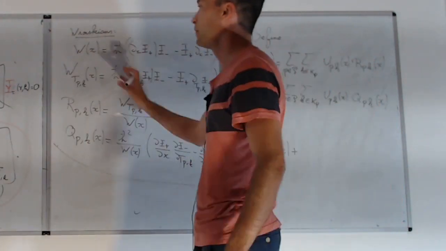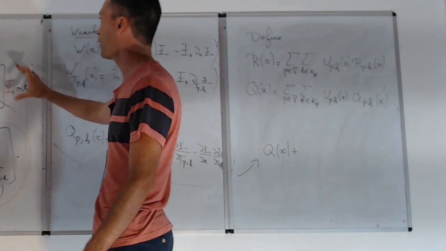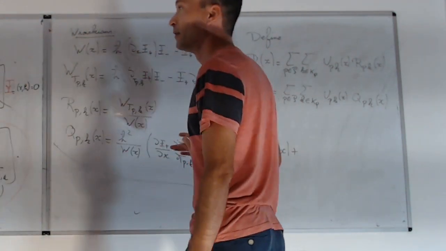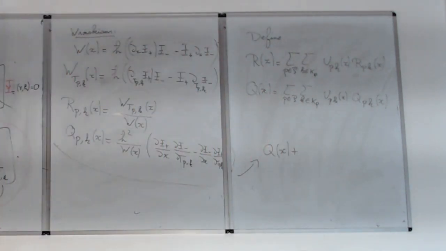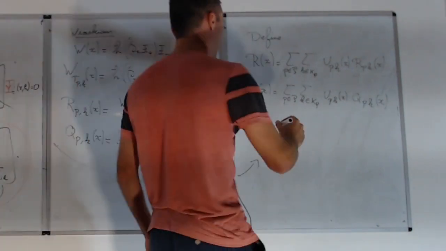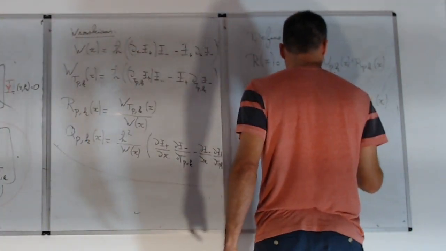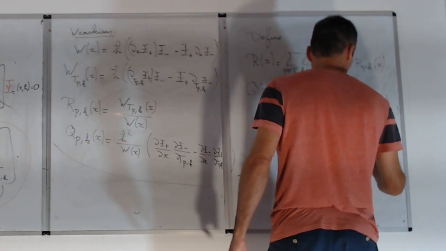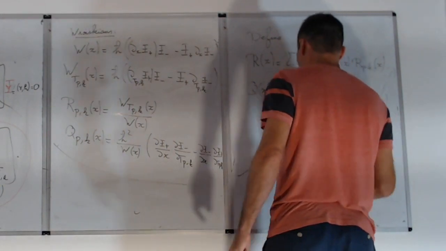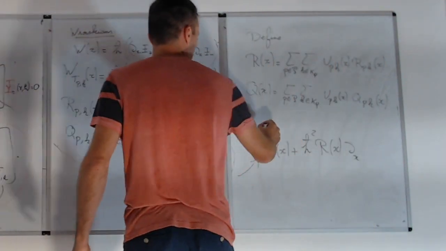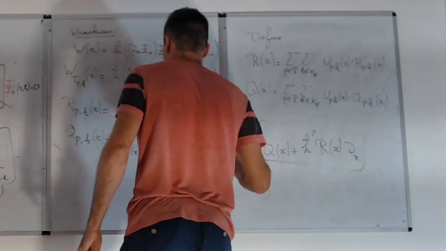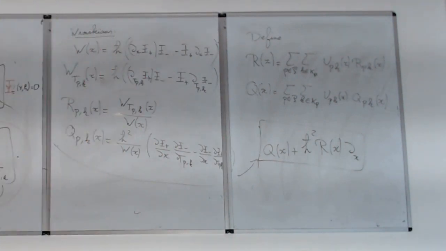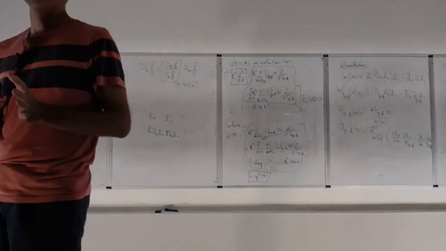So with all this introduced, what you have here is just Q of x, which is just Q times psi, and you just also have R times the derivative here, and if I have the correct factor of h bar, this should be, okay, just this, okay? So this is just basically notations, okay?